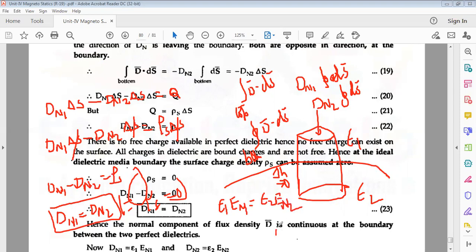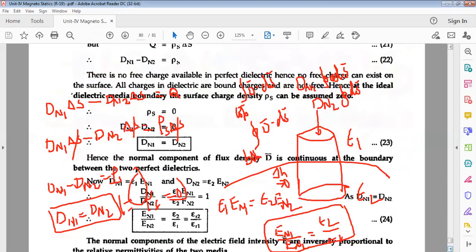So the ratio En1 by En2 is equal to epsilon 2 by epsilon 1. Now the normal component of electric field intensity E bar is discontinuous at the boundary between the dielectric and the dielectric. Okay, my dear students.